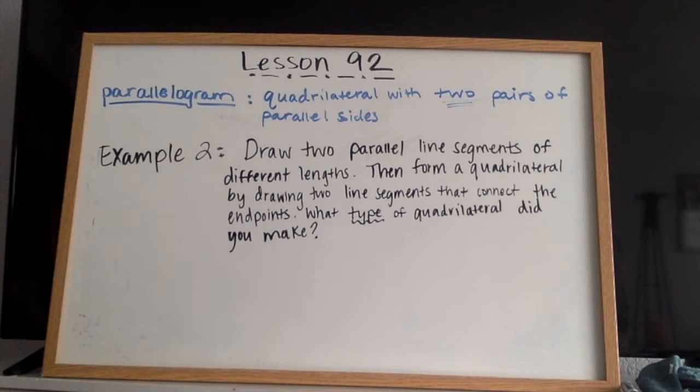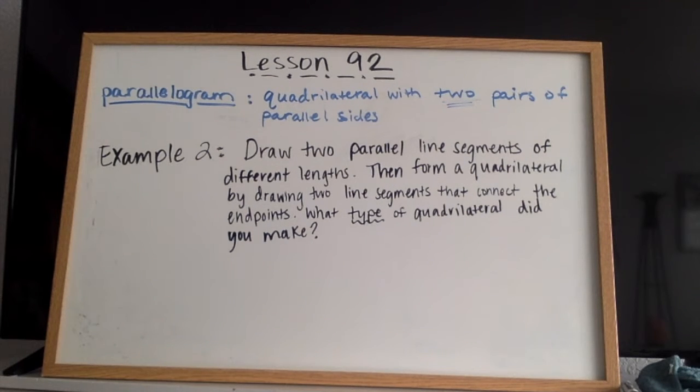Example 2. Draw 2 parallel line segments of different lengths. Then form a quadrilateral by drawing 2 line segments that connect the endpoints. What type of quadrilateral did you make? So I'm going to go back and reread because there's multiple steps here happening.